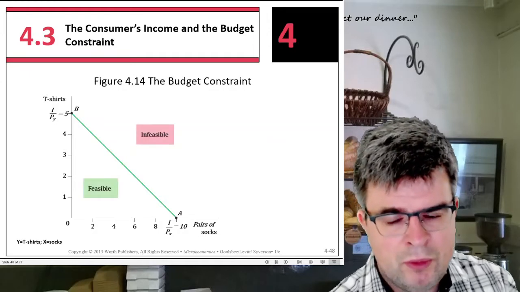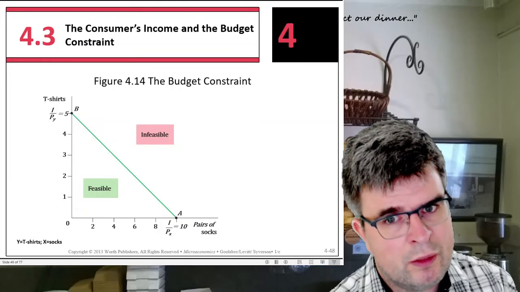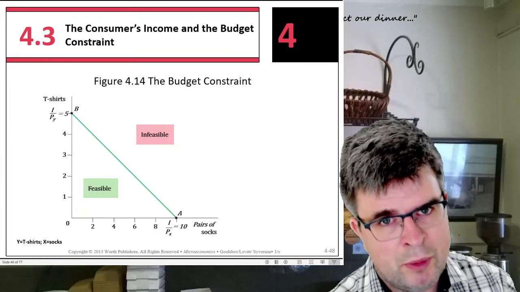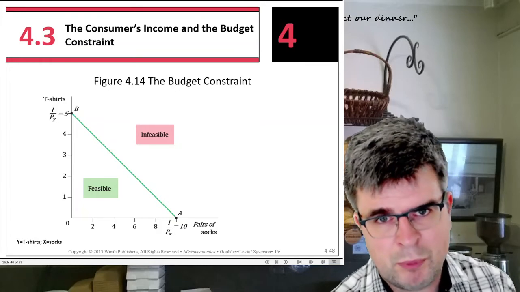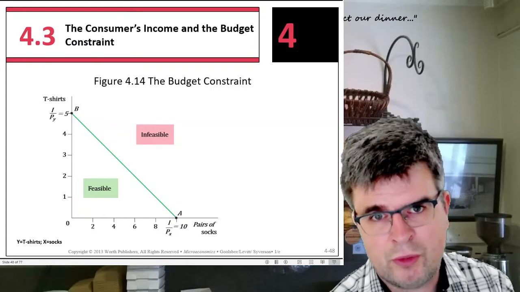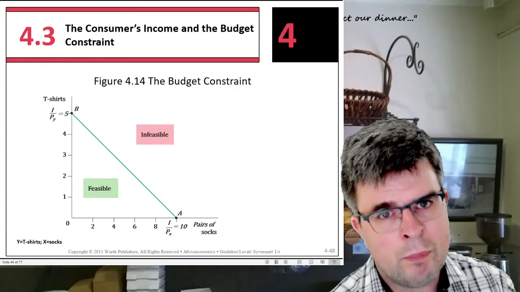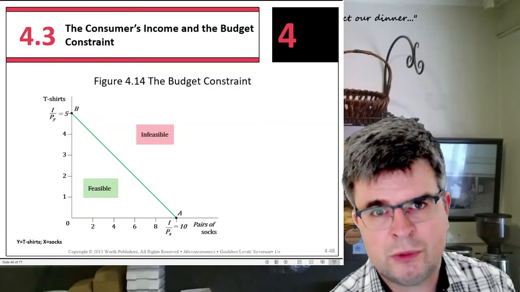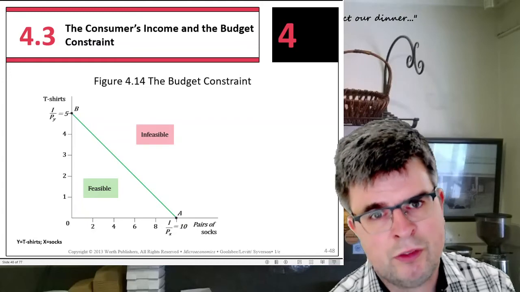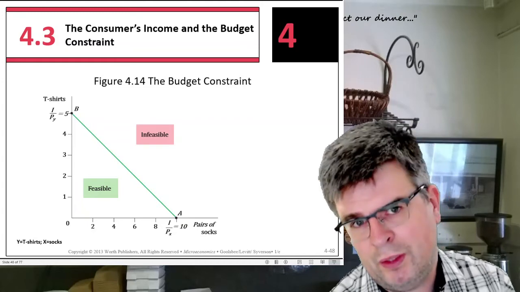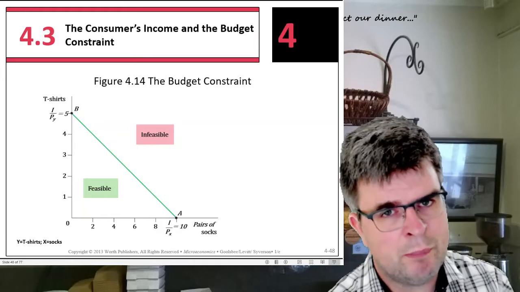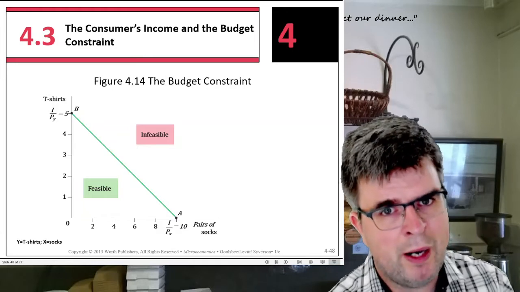So bundles to the left of the budget line are feasible bundles. Given his income, this is what the consumer can afford to buy. And all the bundles to the right are the infeasible bundles. He can dream about it, but his income doesn't allow the consumer to buy those bundles.